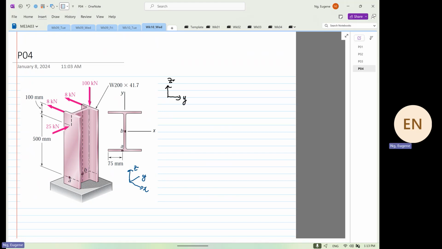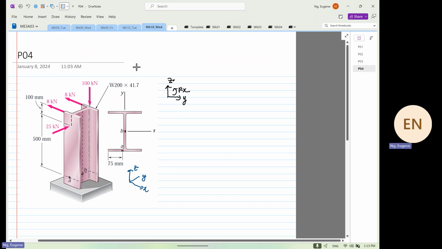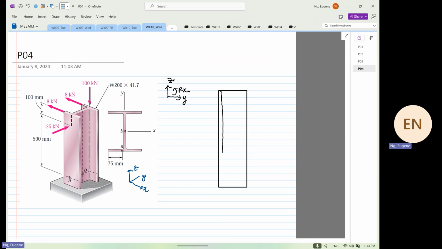So YZ plane, and this is our rotation about X. Now I'm going to draw the structure. And here, we know we have two lines coming down.